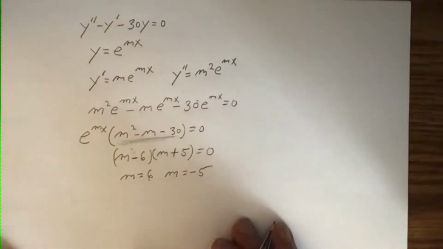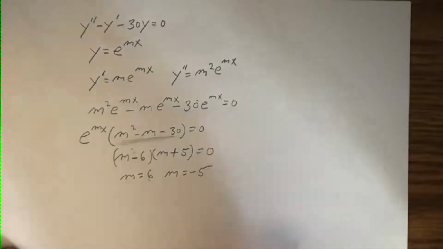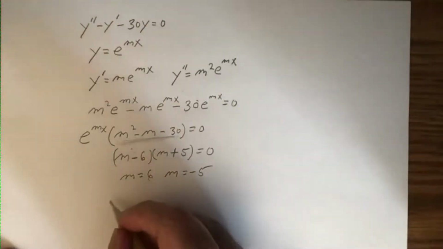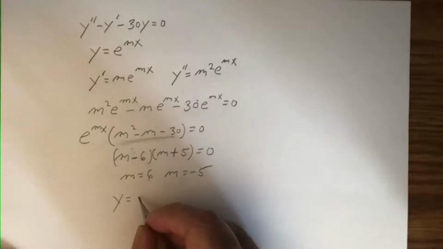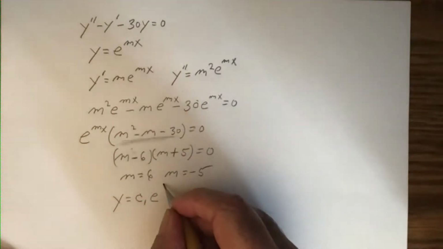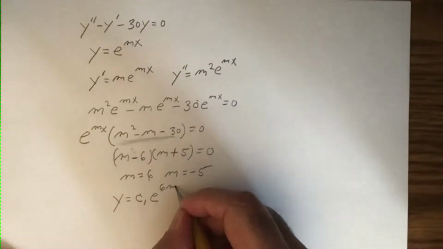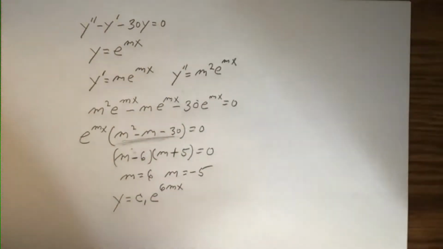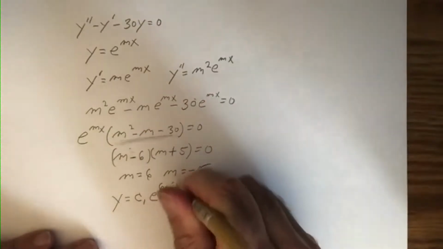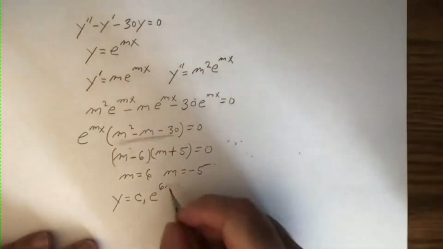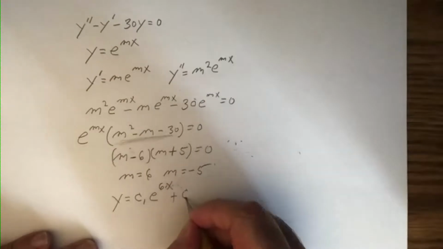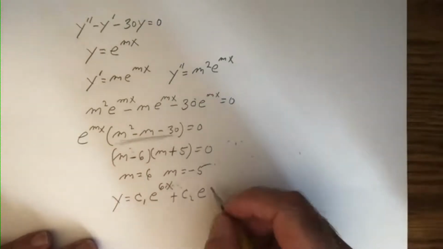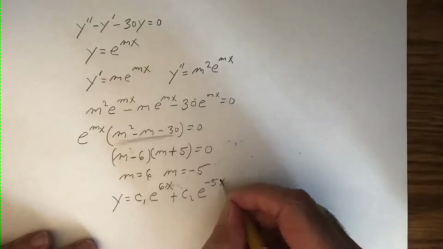Okay. So now what? Well, the solution to my differential equation is y is equal to c1 e to the 6x plus c2 e to the minus 5x, right?